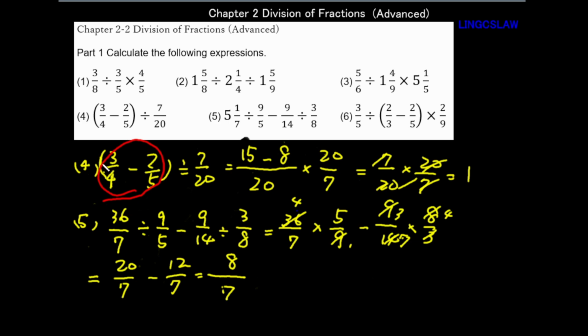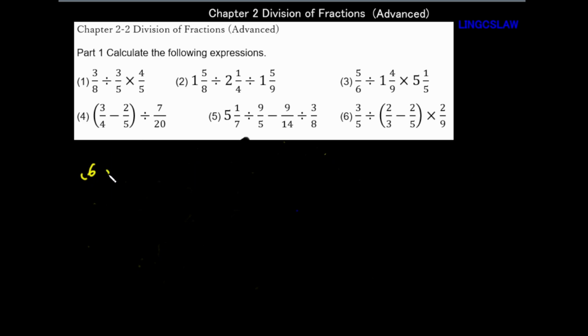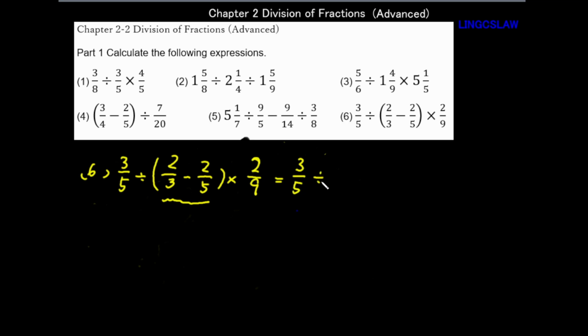Okay, let's go on to number 6. Number 6. 3 over 5 divided by minus times 2 over 9 equals. Let's do this part. 3 over 9 divided by 15. 2 times 5 equals 10.